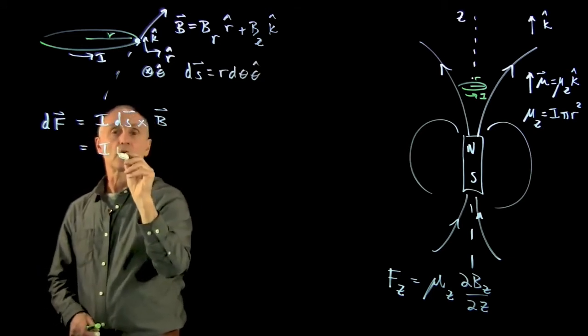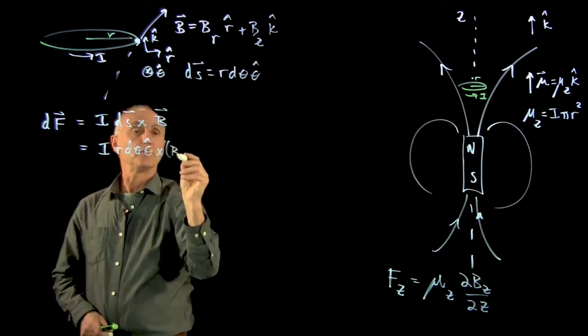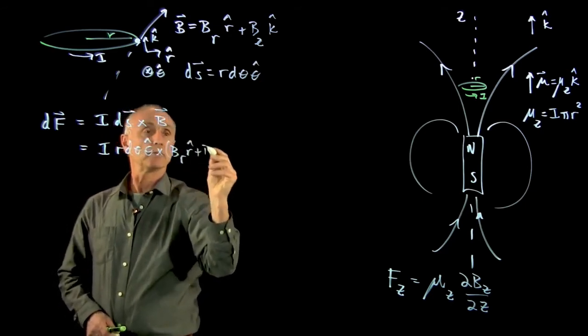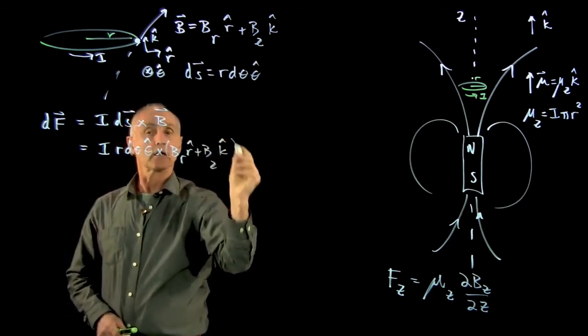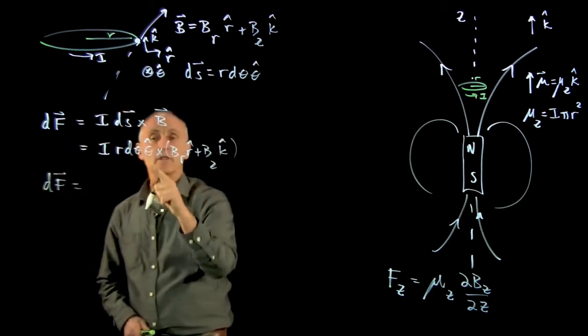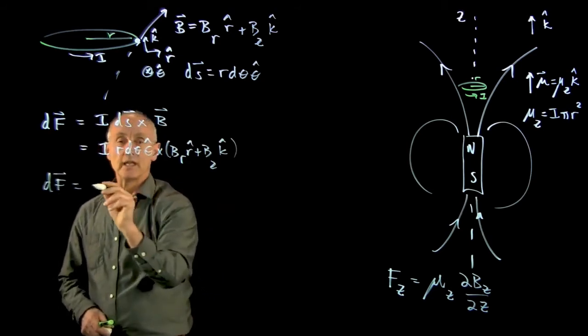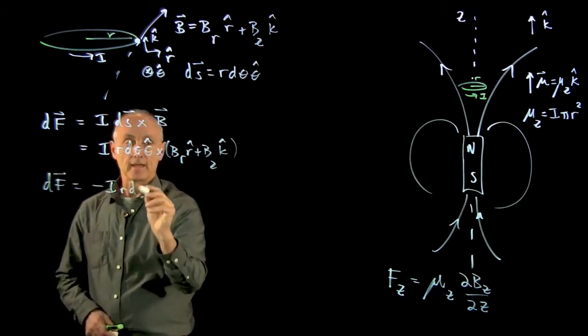What we get is I r d theta theta hat cross Br r hat plus Bz k hat. When we calculate this, theta hat cross r hat is a component in the negative k hat direction.